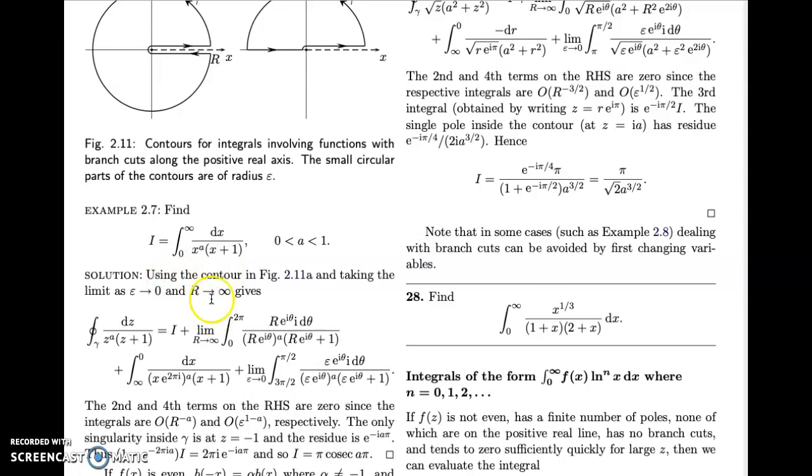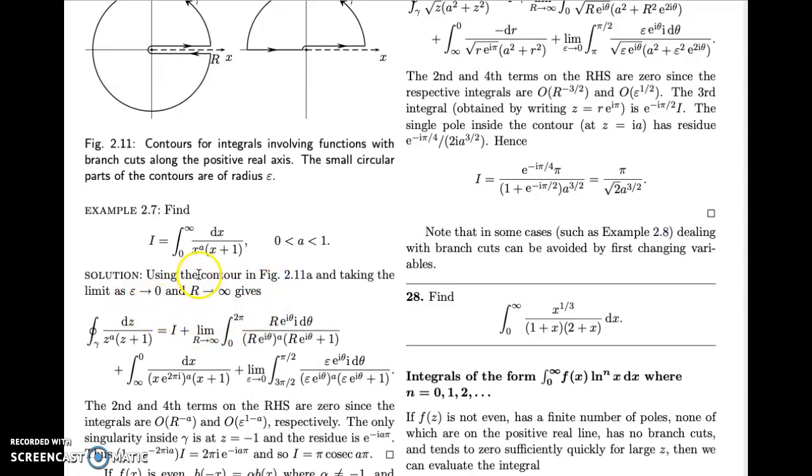So we use this contour and take the limit as r goes to infinity, and we're going to say this radius of the semicircle, epsilon, which is basically the distance between the contour and the x-axis, goes to 0. So we now have two limits: the limit as r goes to infinity and as epsilon goes to 0.